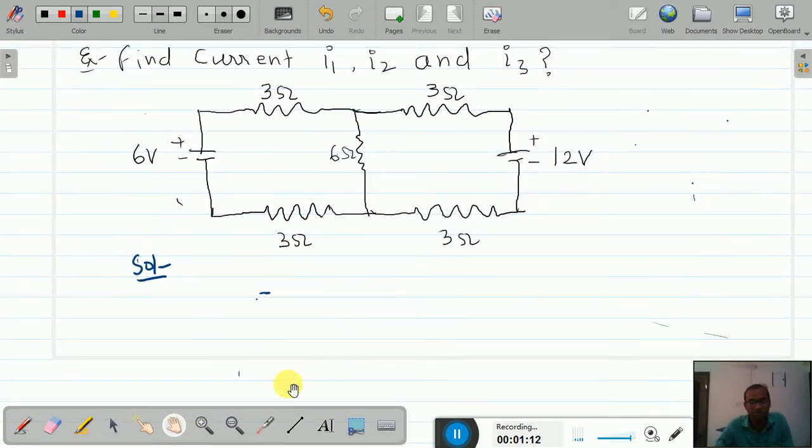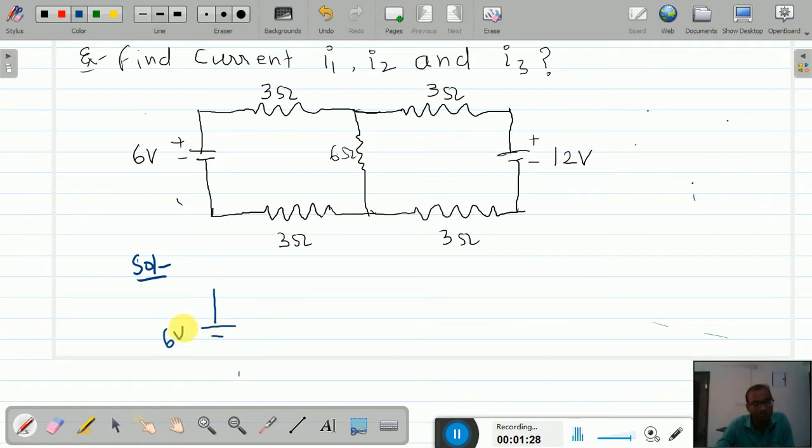Okay, so now we will draw the equivalent diagram. So what will be the equivalent diagram? You will see here, this is a 6 volt battery, and here is a 6 ohm resistance, and here is also a 6 ohm resistance.